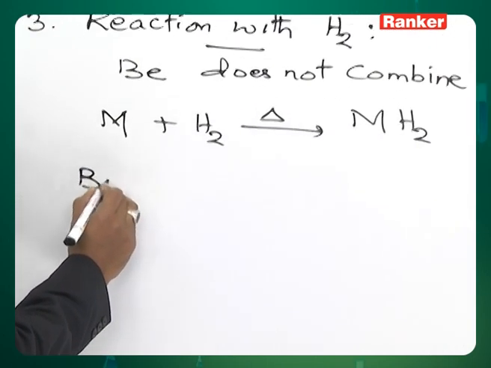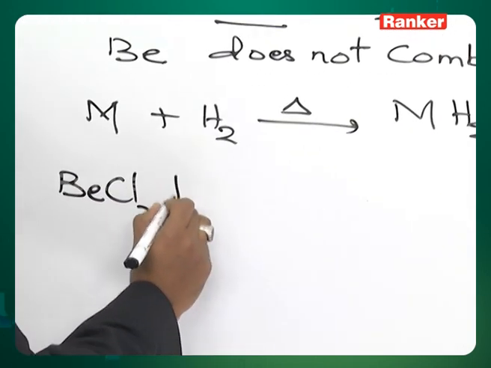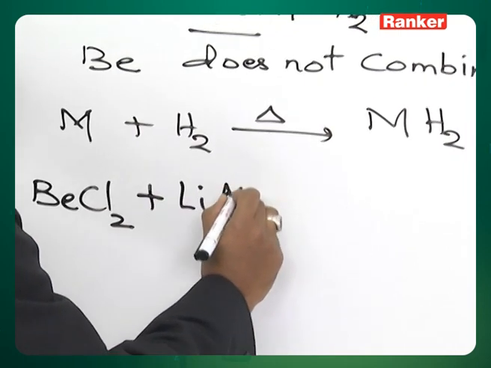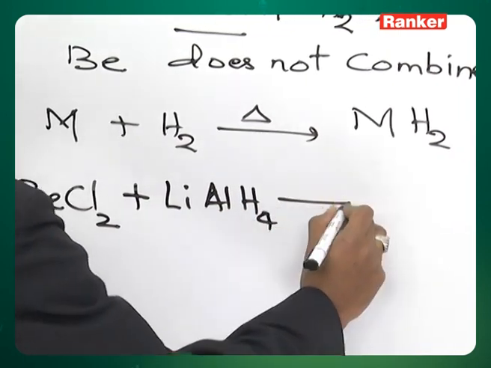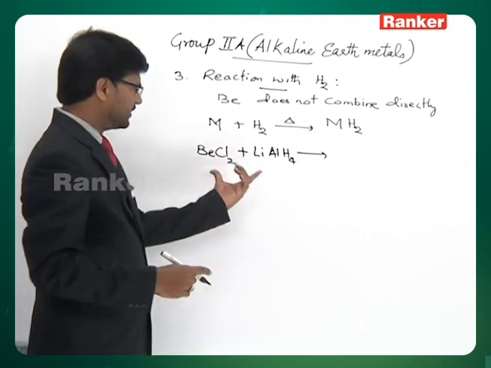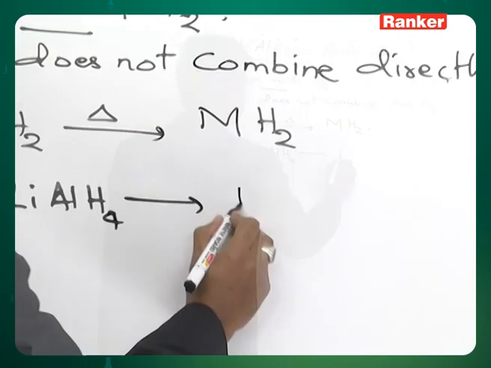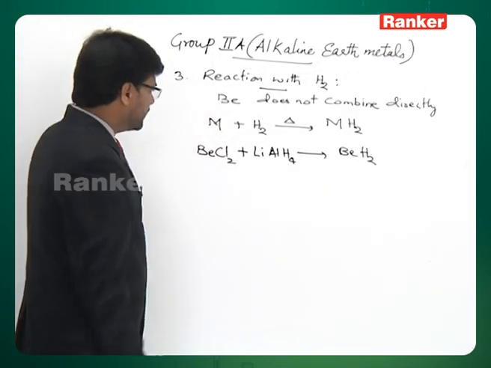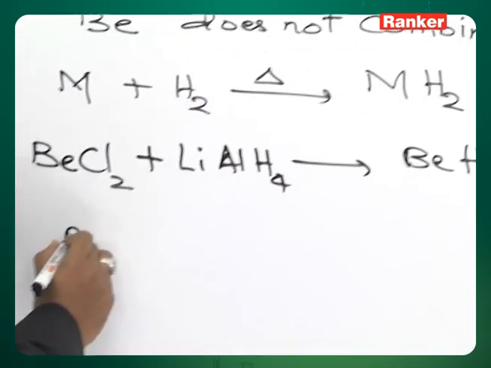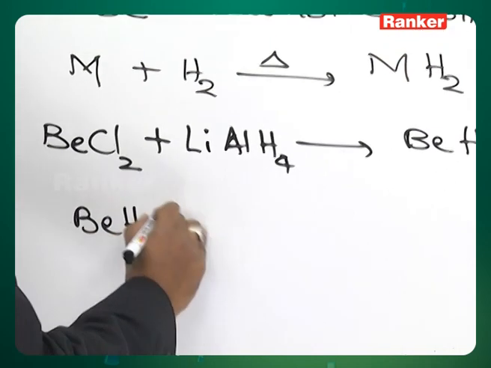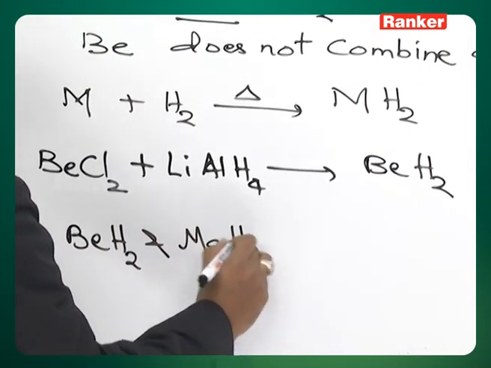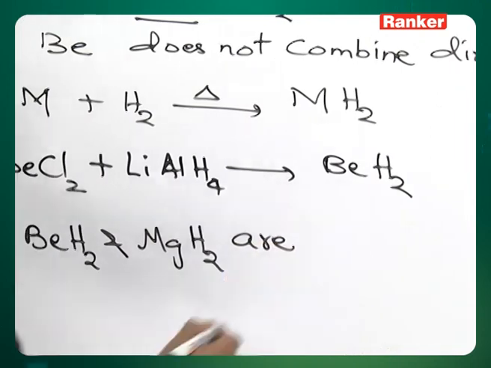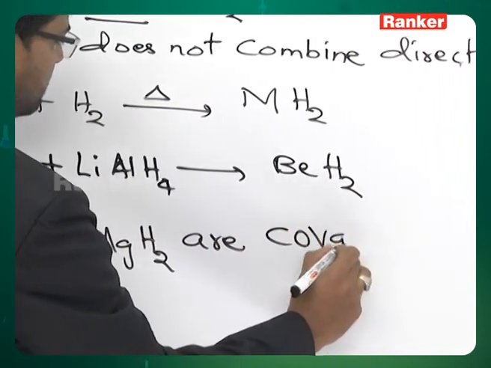Beryllium hydride can be obtained from beryllium chloride reacted with lithium aluminium hydride, LiAlH4. This reaction can give rise to beryllium hydride, BeH2. Remember that beryllium hydride and magnesium hydride are covalent.